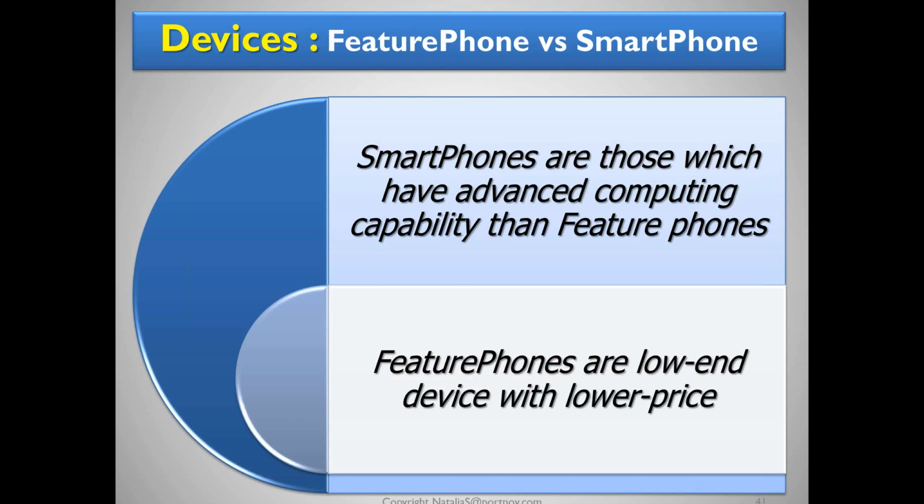That's why lots of people around the world are basically aiming for feature phones, because it fits their needs. No big deal if I don't have 4G LTE, maybe in my area there is no such service for 4G LTE.